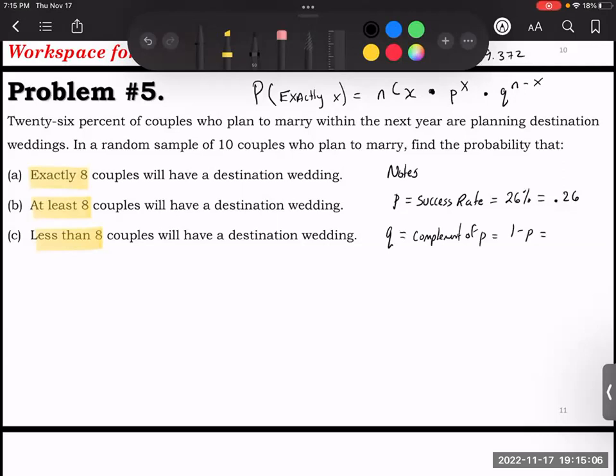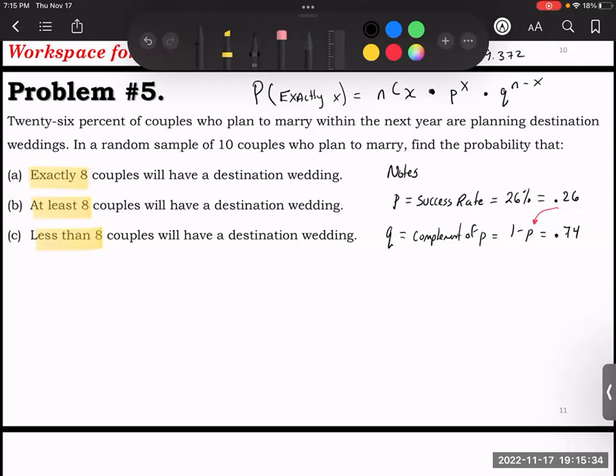You subtract p from 1. That's what I said. What's the answer? 0.74. That's right. So if p is 0.26, then q has to be 1 minus 0.26, which is 0.74.